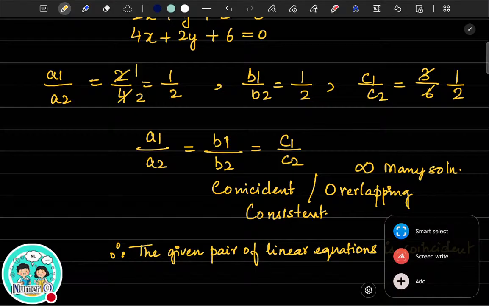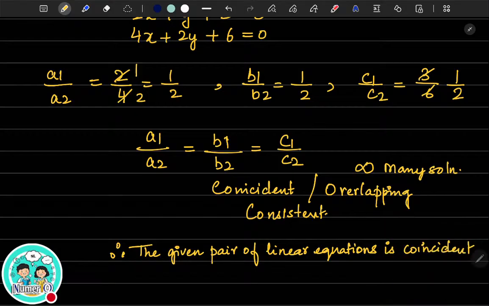This is what you have to write at the end. Can we move on to the next question? Just a minute.